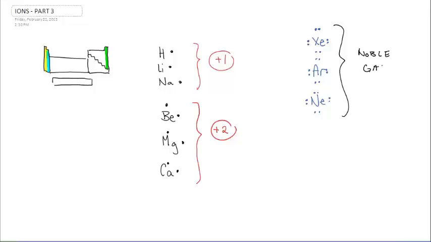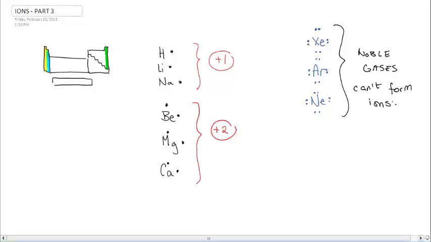And one thing that's special about noble gases is that they can't form ions. And the reason that they won't form ions is that they aren't going to lose electrons because they're happy with 8, and they aren't going to gain electrons because there isn't room for any more in that outer layer.